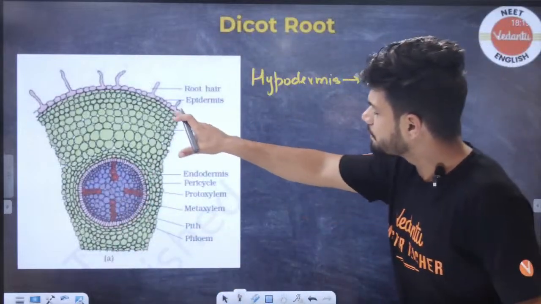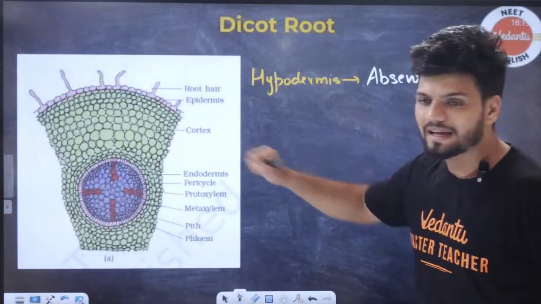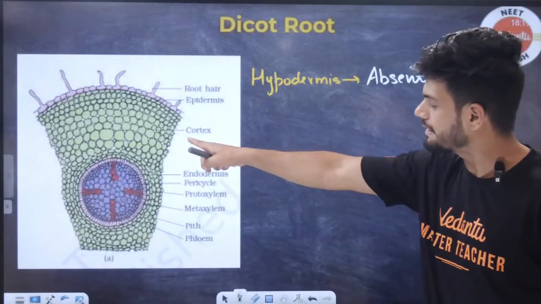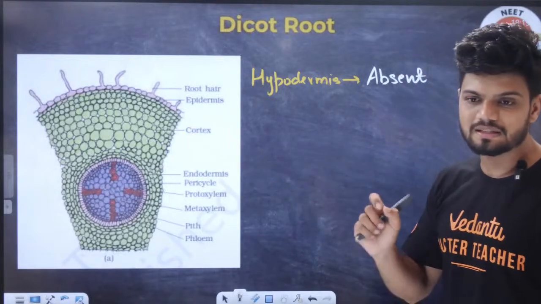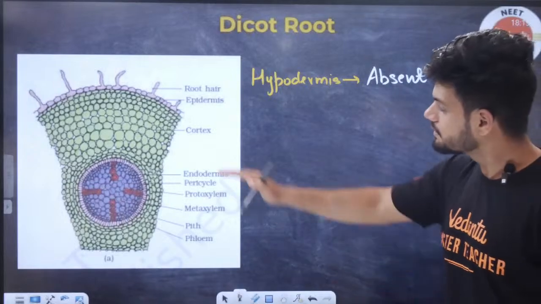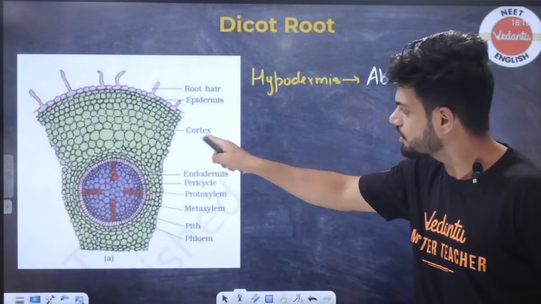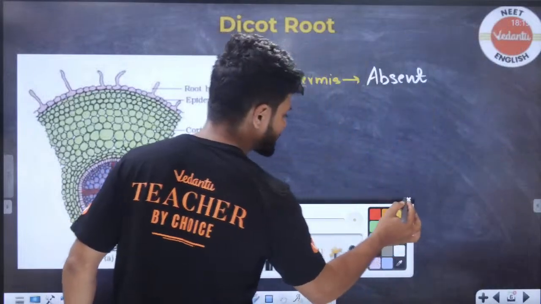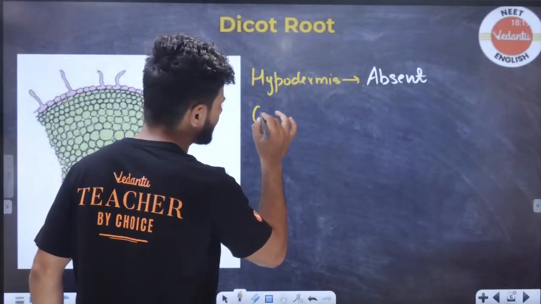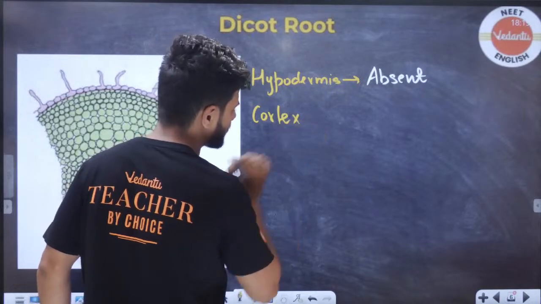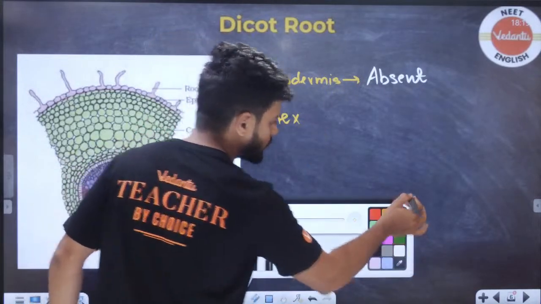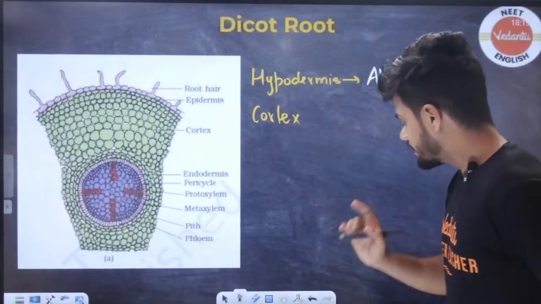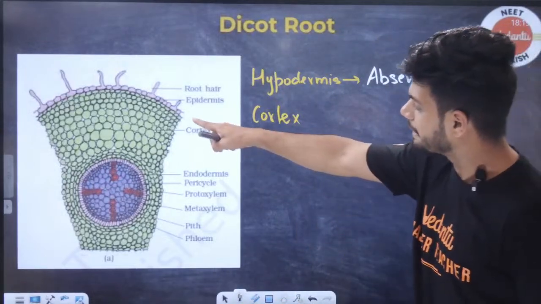So if hypodermis is absent, which is the next layer? All of you see this diagram and tell me which is the next layer. The next layer is called the cortex. Cortex is the next layer. Now students, look at the cortex and tell me, do you think the cortex is a single layer or multi-layer?